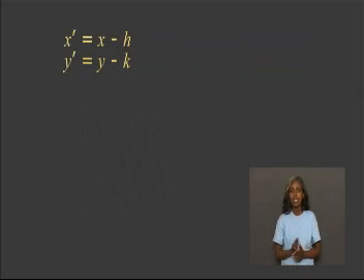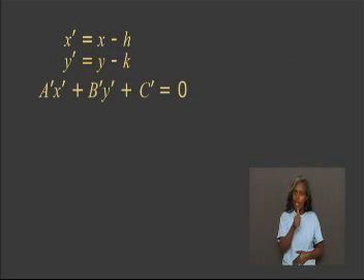The equation of the line in the new system becomes a prime x prime plus b prime y prime plus c prime equals 0.